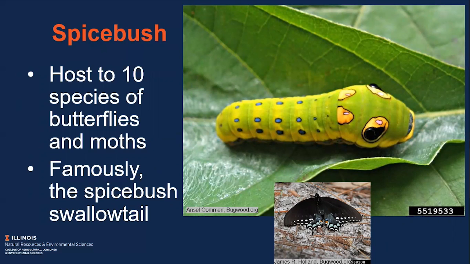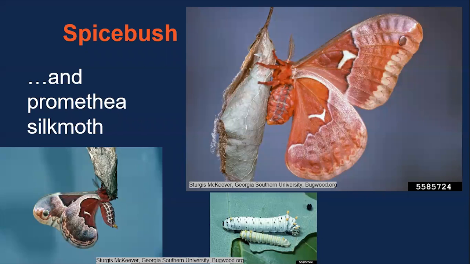Really interesting defense mechanism with those fake large eye spots, in order to try to fool predators into thinking it's a much larger creature than it actually is, and that the predator may not want to go after it. So that's a really neat one. And then also another large Lepidoptera here, the Prometheus silk moth, will make use of the spice bush as well. Really cool insects here as well.